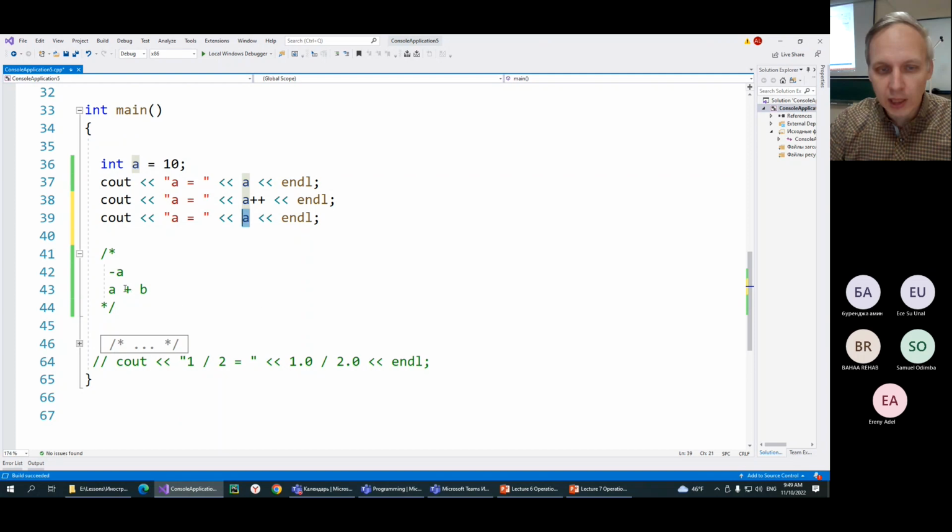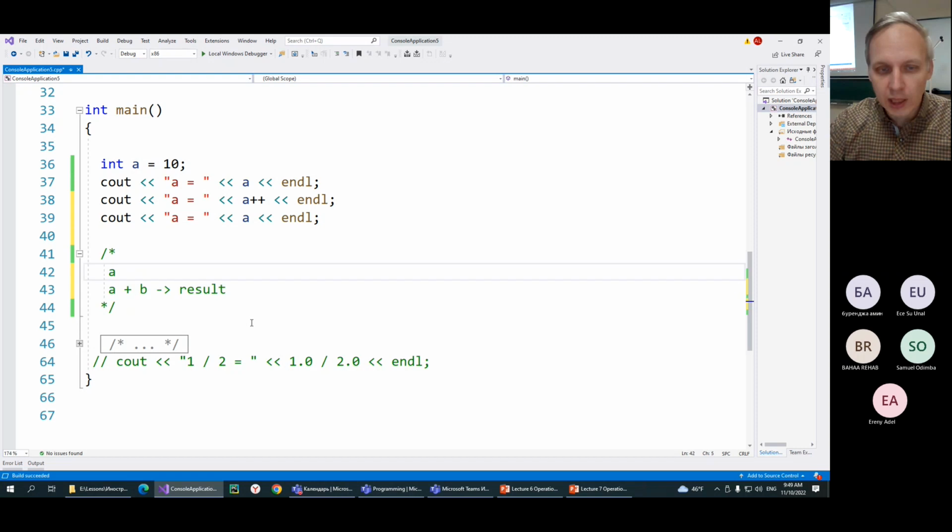So, any operation has a result. For example, what is the result of a plus b? We just compute a plus b, and this new number will be the result of the operation. And in this case, a and b are not changed.